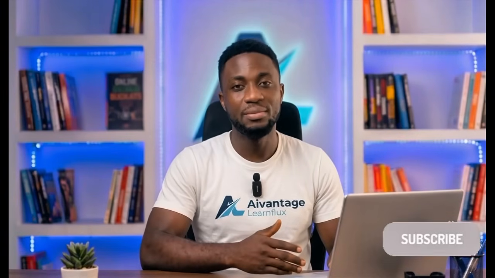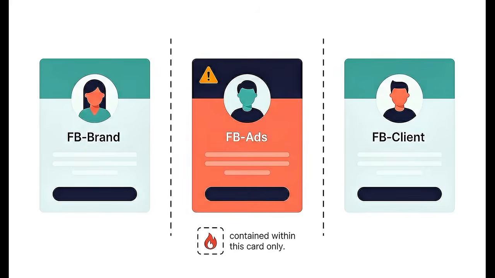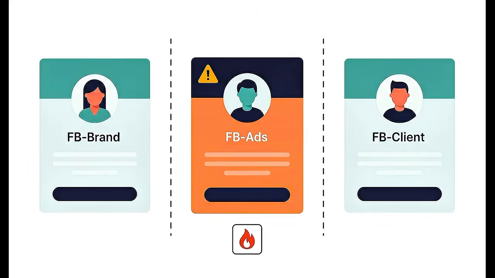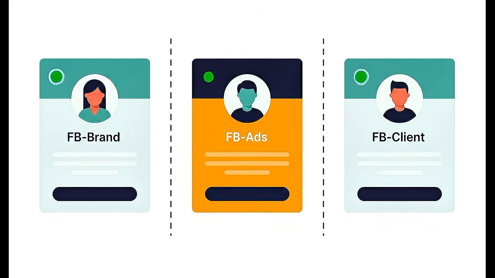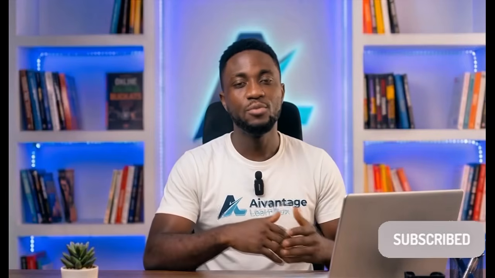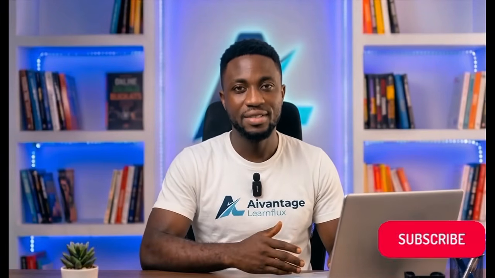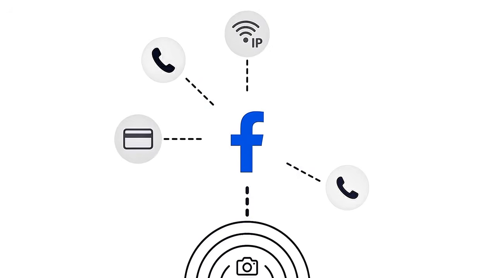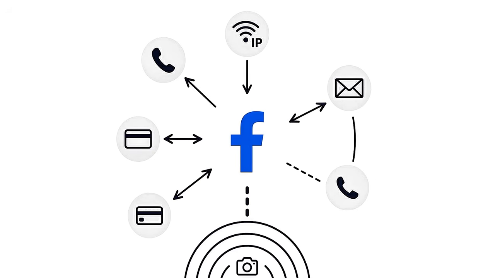And this is the one that catches freelancers and social media managers most often, not because they're doing anything dishonest, but because they're logging into multiple client accounts from the same browser, and Facebook's system doesn't know the difference between legitimate client work and someone trying to create fake accounts. It sees the same device, the same fingerprint, meaning the combination of your browser settings, your screen, your system, and it flags the accounts as connected.